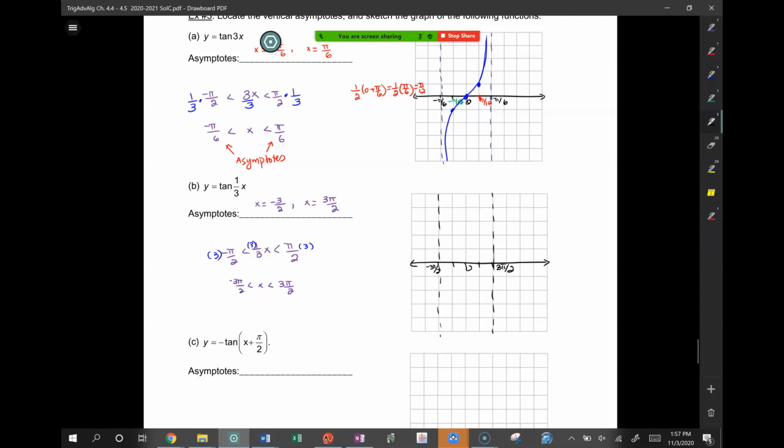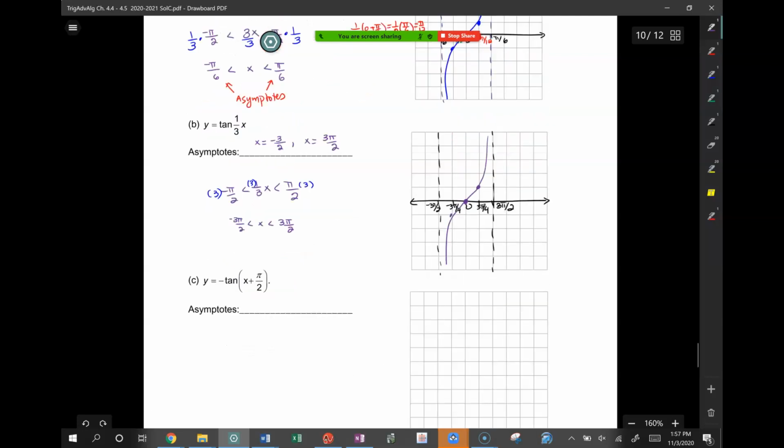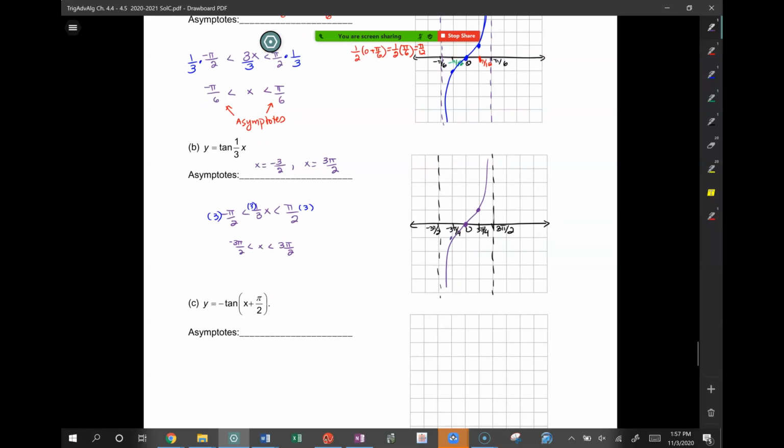And then the other points are negative 3 pi over 4 and 3 pi over 4. And then the rest is the same, so 0, 1, negative 1, boom. Okay.